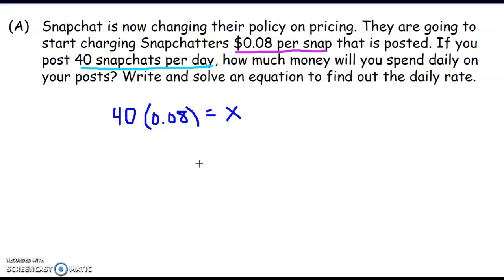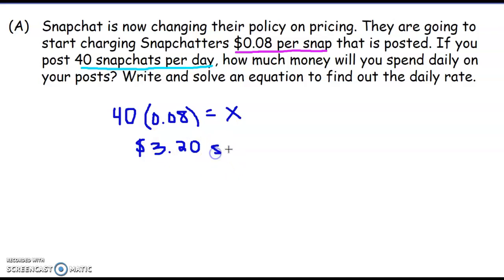Now, if you don't have a calculator, you can go ahead and show your work. But I highly suggest that in your calculator, you just put 40 times 0.08 and you'll get 3.2. But if you get 3.2, remember we're talking about money, so we have to write this as $3.20. Now remember, we have to label this.